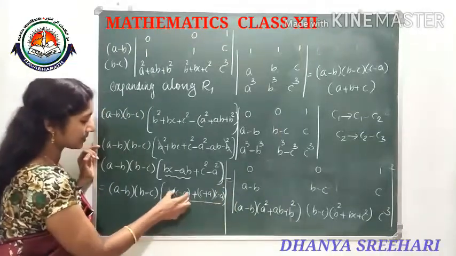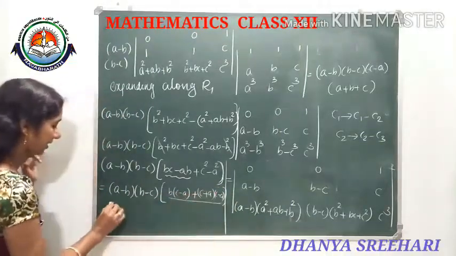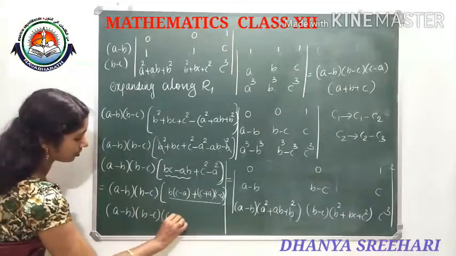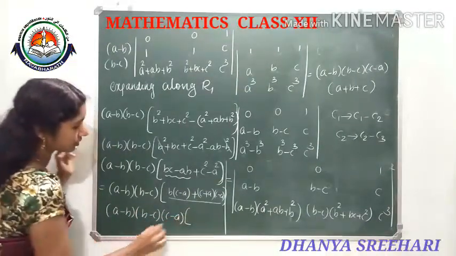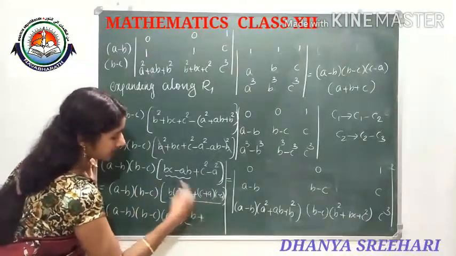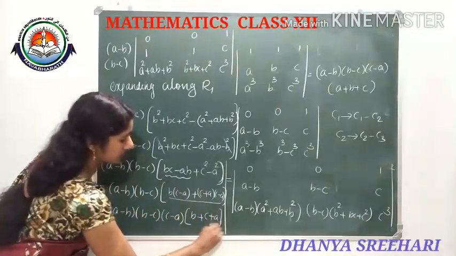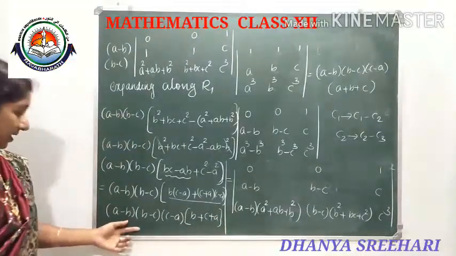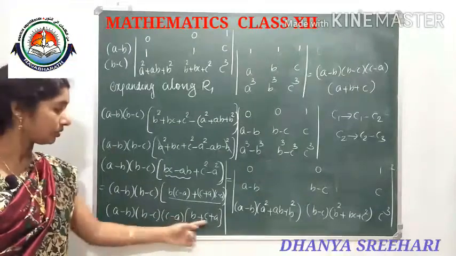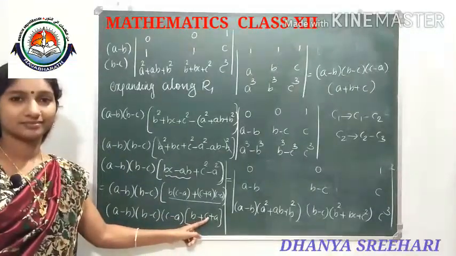From these two terms c minus a is a common factor, we can take it outside. So a minus b into b minus c into c minus a into, with c minus a coming outside, it will come a plus b plus c. So we reached the right side: a minus b into b minus c into c minus a into a plus b plus c.